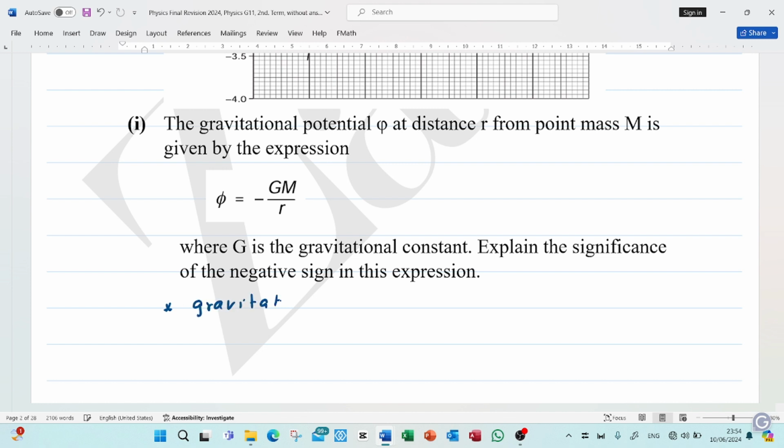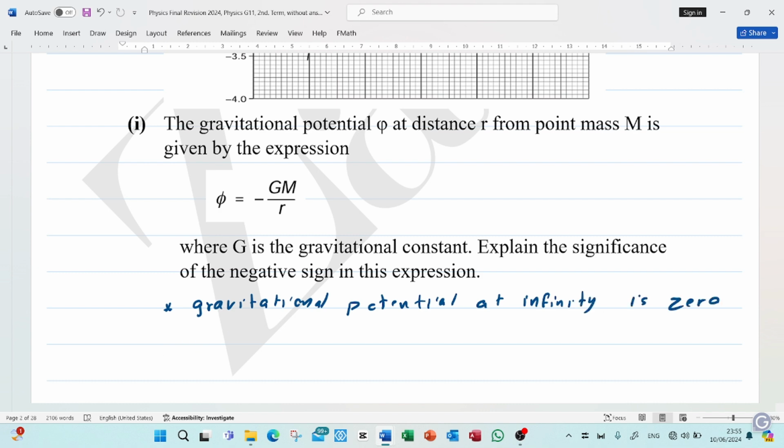Gravitational potential at infinity is zero.